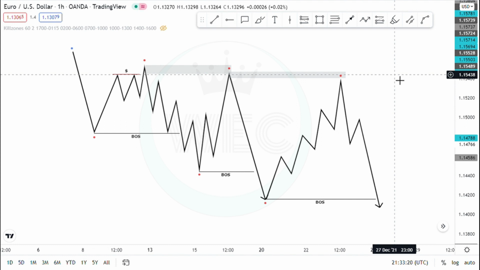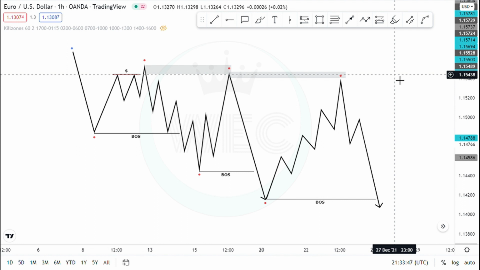Whether you are a retail trader or a smart money trader, I'm going to explain to you why. Also, we tend to look at liquidity with the wrong confluences. You cannot look at liquidity without structure. This is a primary rule: structure is always king. I want you guys to get this.